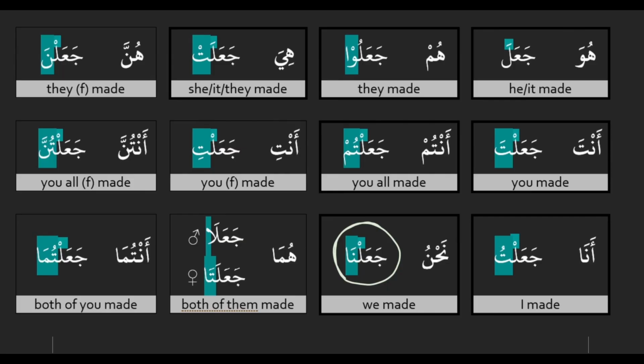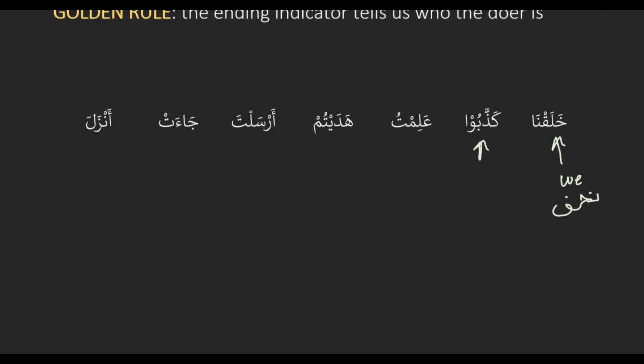Oh, so the base is kadhaba. Right, the base is deny. So the extra is oo, and where in this chart do we see an extra oo? They. Yeah, the hum form, or they. So the inside doer in kadhabu is They, or hum.